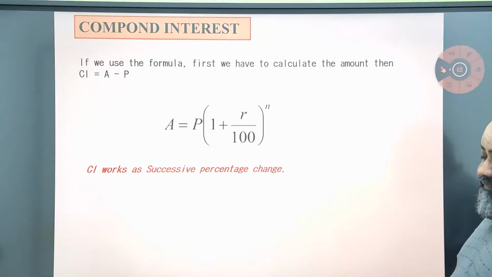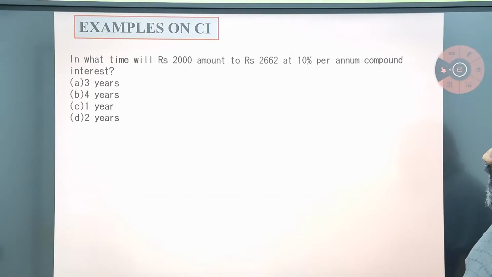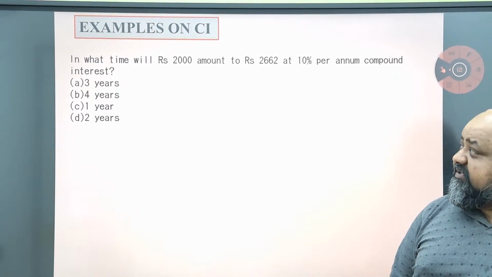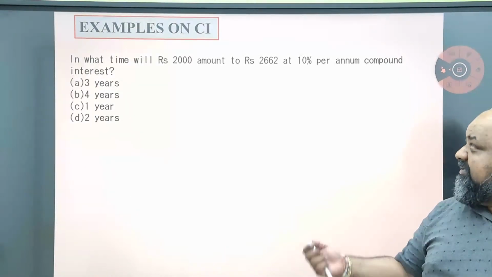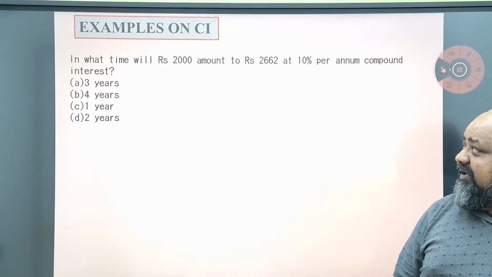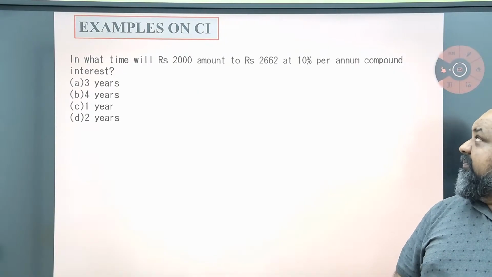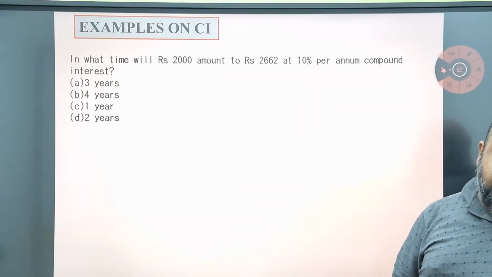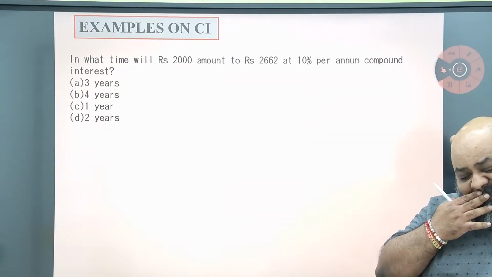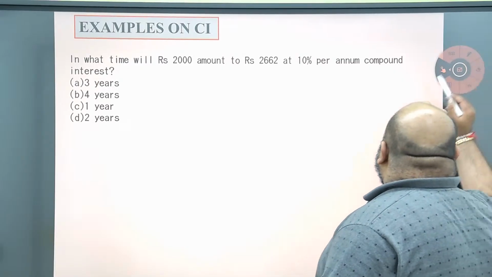So if you look at a few questions and applications, the question says, okay, this is unfortunately a formula-based question. In what time will 2000 amount to 2662 at 10% per annum compound interest? Just write the formula.